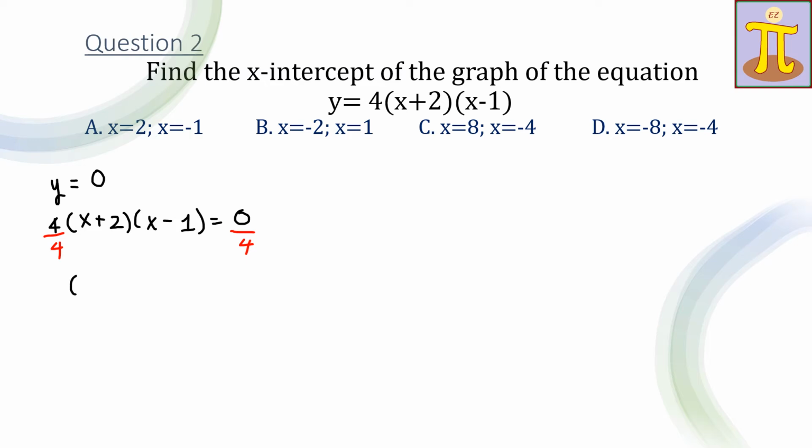So it will be x plus 2 times x minus 1. On the right side, we have 0 divided by 4, which is 0.